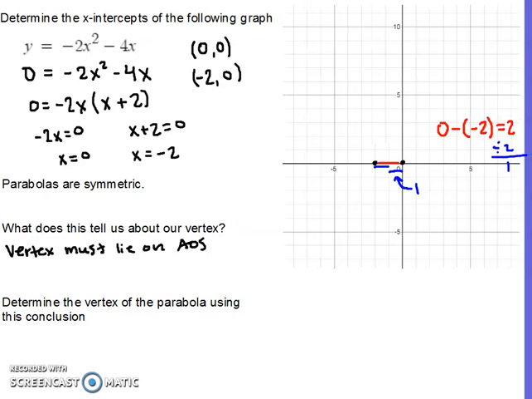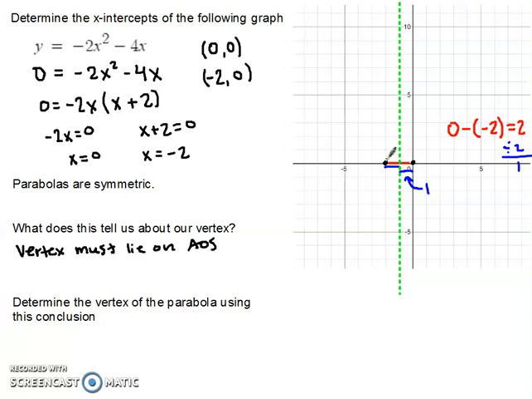So I'm going to go ahead and draw my axis of symmetry. And that axis of symmetry is 1 unit away from the intercept on the left, and it is also 1 unit away from the intercept on the right. So therefore that axis of symmetry is exactly in the middle. So x here is going to be negative 1.